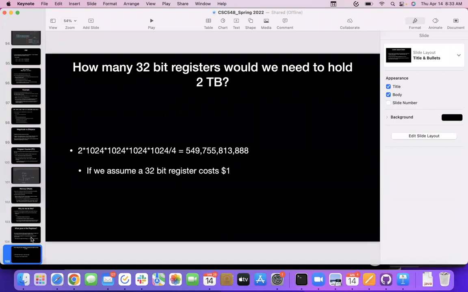All right, we've done some of this math stuff before for the size of the registers, how many registers we would need to hold 2 terabytes. But really the argument for this slide is reiterating that the closer you get to the CPU, the smaller and faster the memory is. So if we were to say a 32-bit register costs $1, this is just a money comparison.